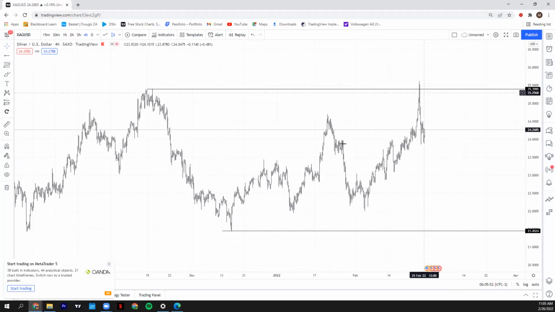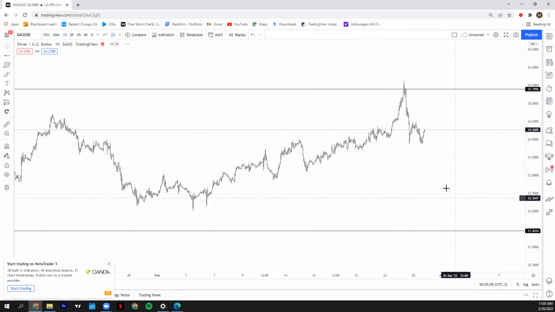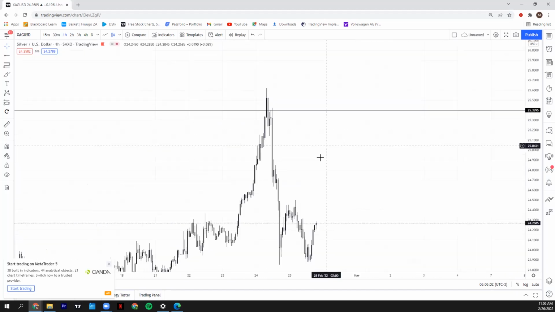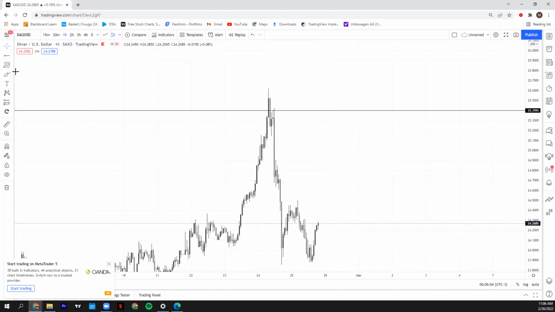Once done with the 4-hour time frame, I can quickly go to the 1-hour time frame and have a look. Let me get a rectangle to draw out the zones that I'll be looking at. Right now we are focused on this part.